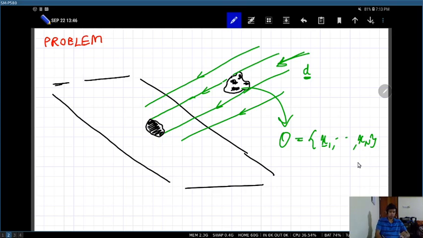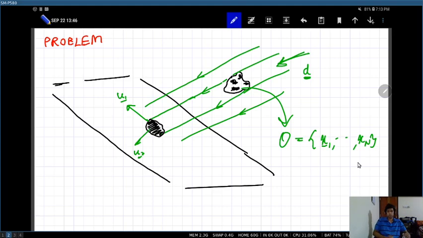You're also given a direction d along which you shine light, and you're given the orthonormal basis vectors, let's say u1 and u2, which define this plane, an infinite sheet of paper, and your goal is to compute the points which correspond to this shadow.